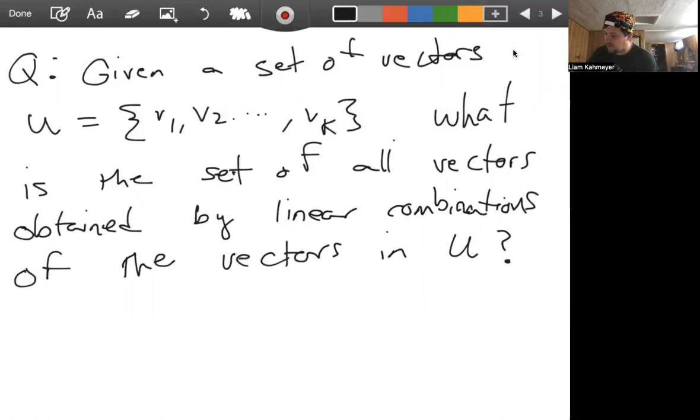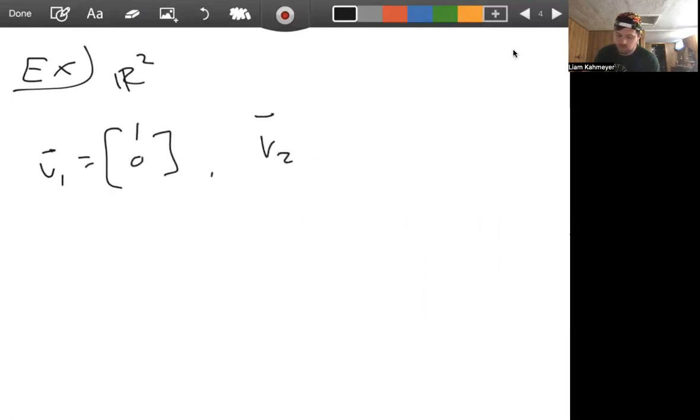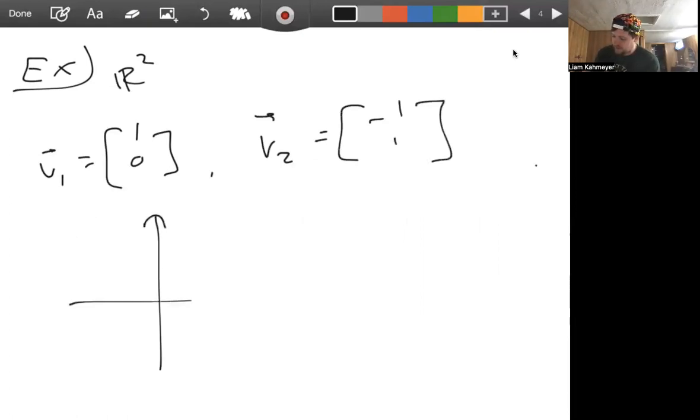Let's say, for example, we were looking in R2, and we had the vector v1, which is (1, 0), and v2, which is the vector (-1, 1). You could look at the plane and say, okay, we have the vector v1, we have the vector v2.